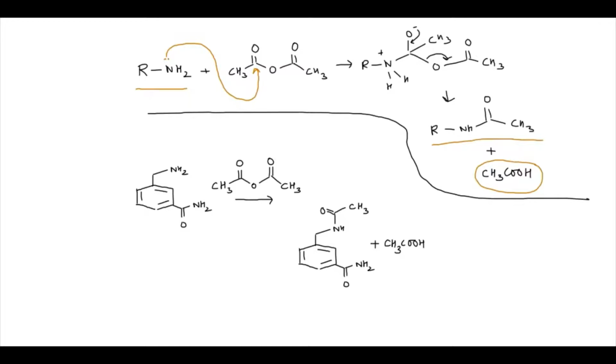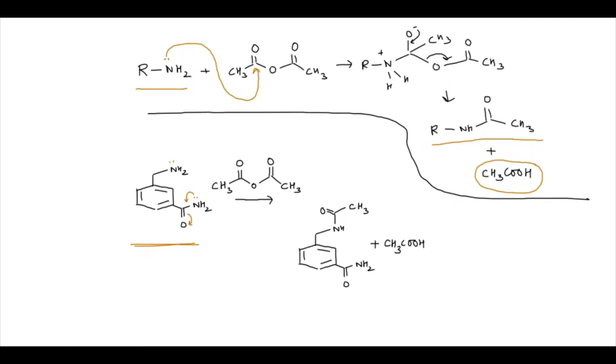Now let us take our compound, our starting material. This is our starting material. Now we have two amines here, two nitrogens with lone pairs. Now which one is going to react with this acetic anhydride? Obviously this one, which is already connected with a carbonyl carbon, will have lesser electron density over it, because the lone pair of the nitrogen is shared with the carbonyl carbon and the carbonyl oxygen.